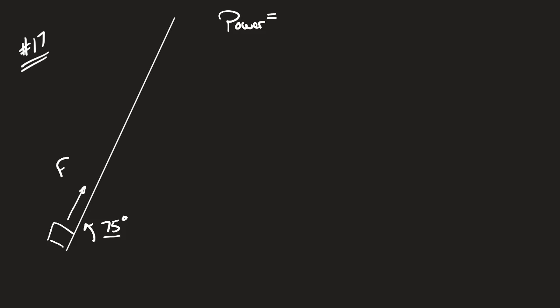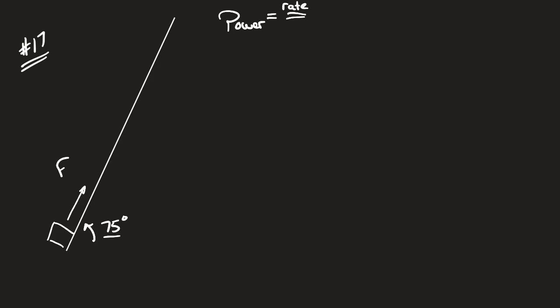Way number 1, power is the rate at which you do work. It is the rate at which work is done. Now, saying it like that, I am being very careful to throw the word rate out here. All rates have the same characteristic, time in the denominator.